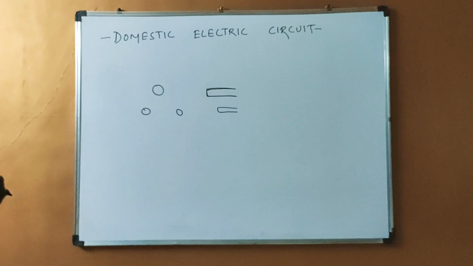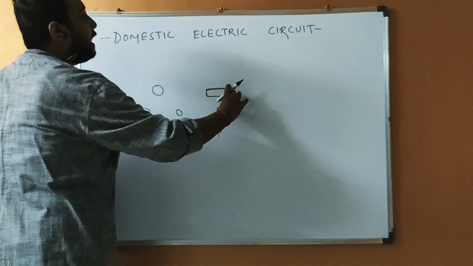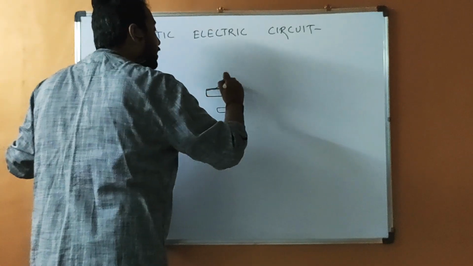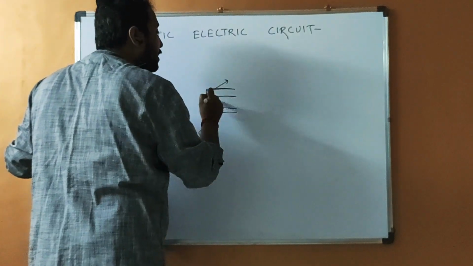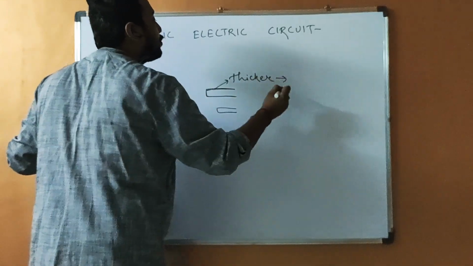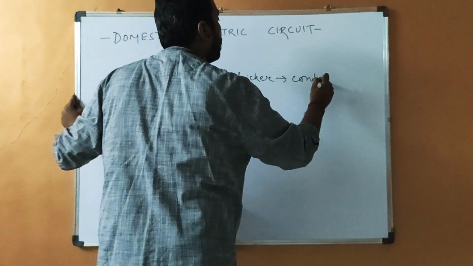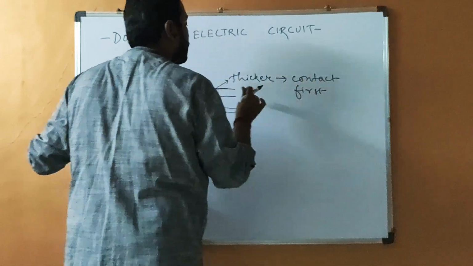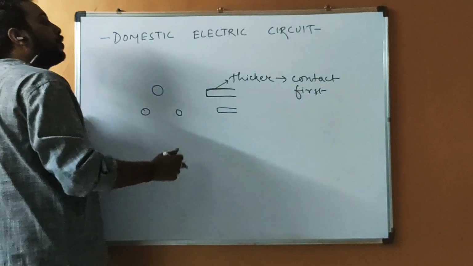Why is it like this? If I insert this plug into this socket, the pin which is thicker and larger will come into contact first.